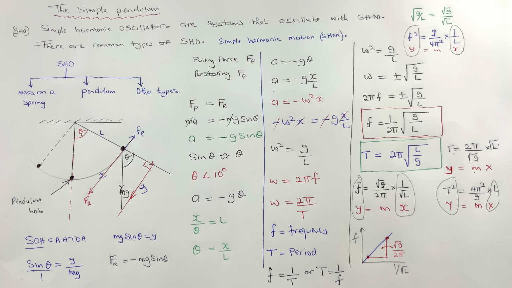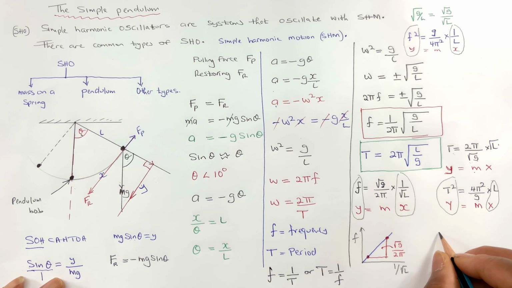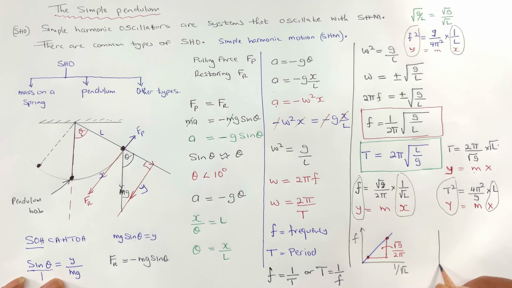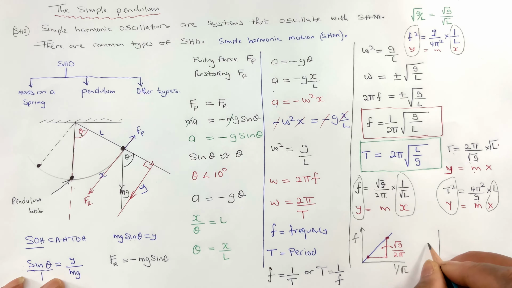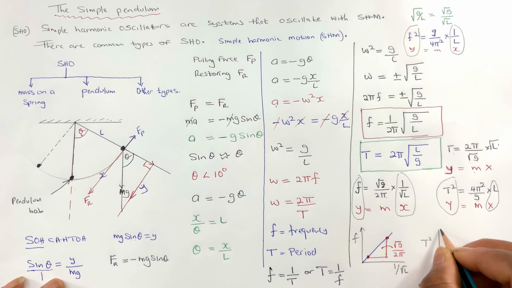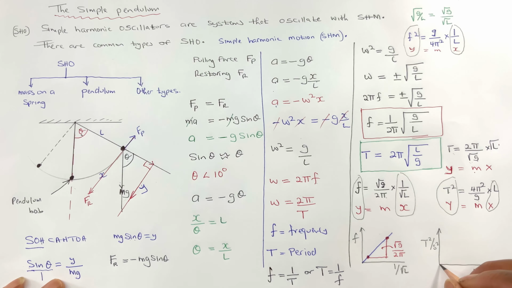So with this simple pendulum, when you plot T squared against L, T squared obviously in seconds squared and L in meters, the graph goes through the origin.